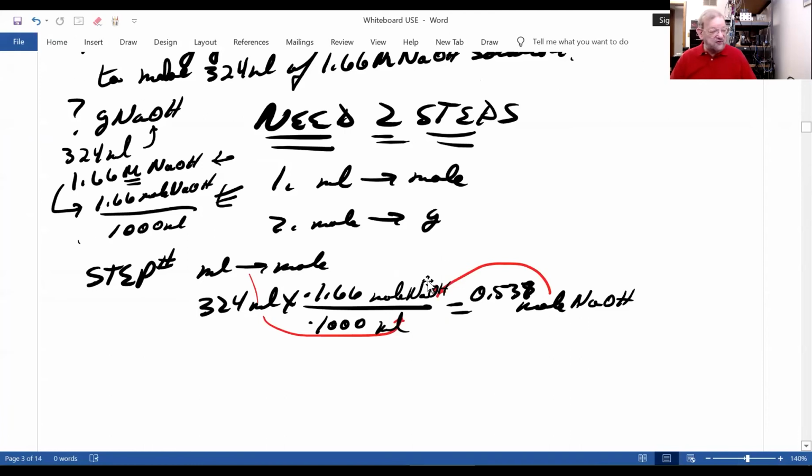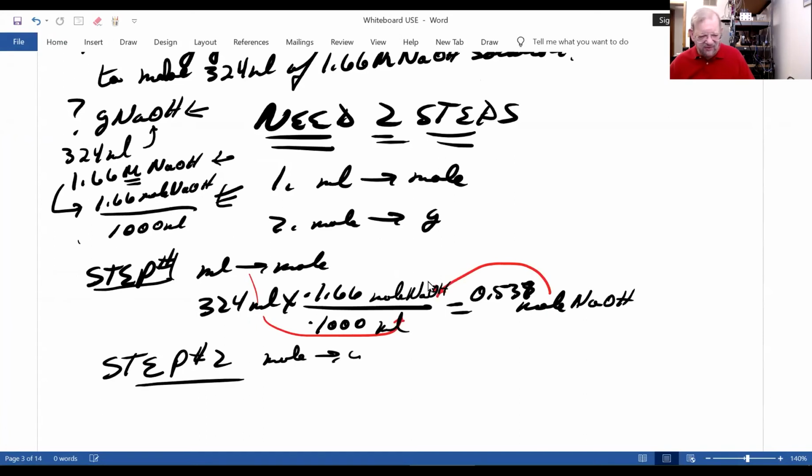And that's step one, because are we done? No, we're trying to get grams of sodium hydroxide. So we've done step one. Now it's time for step number 2. And what is that? That's moles to grams.